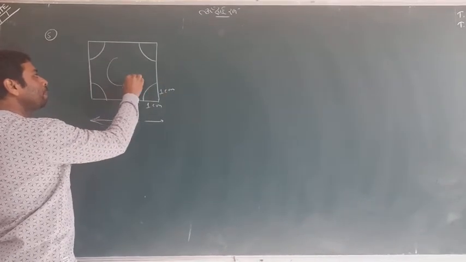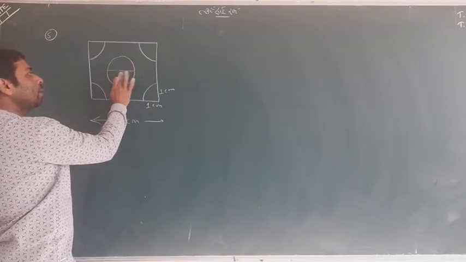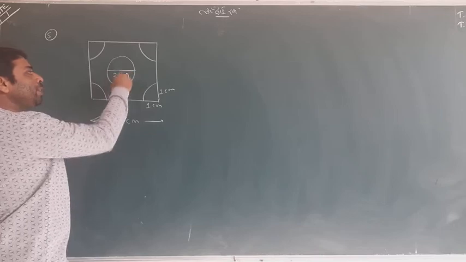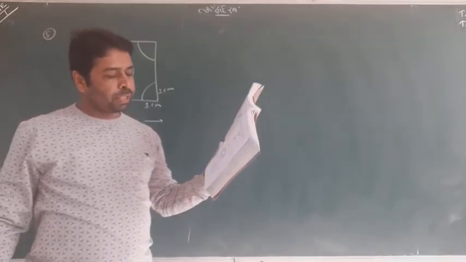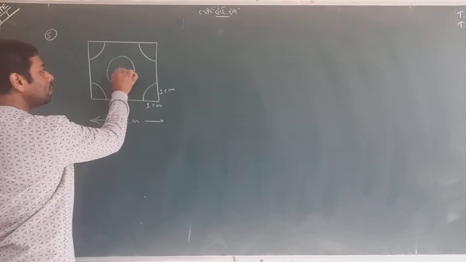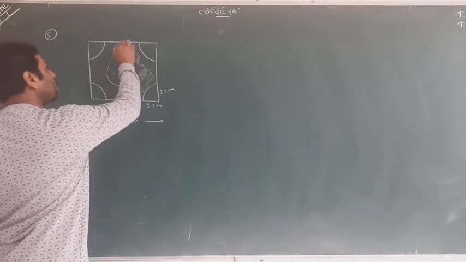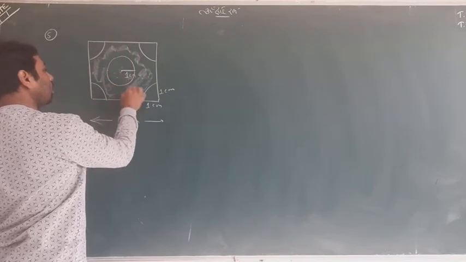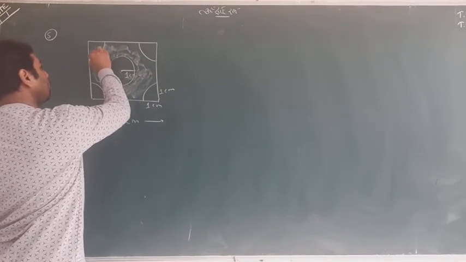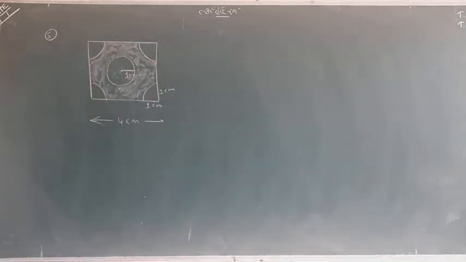Middle one, we have a circle of diameter 2 centimeter, meaning radius is also 1 centimeter. If you talk about this radius, it is 1 centimeter. But we want to find this area. Can you see? This area we want to find out.